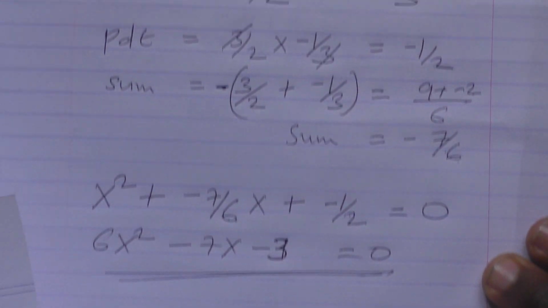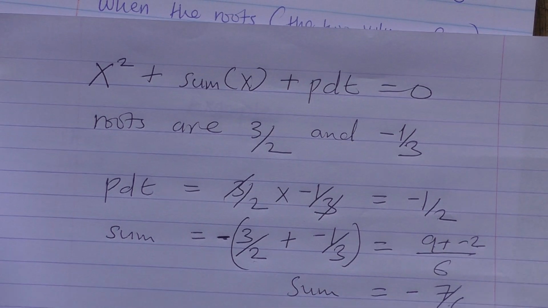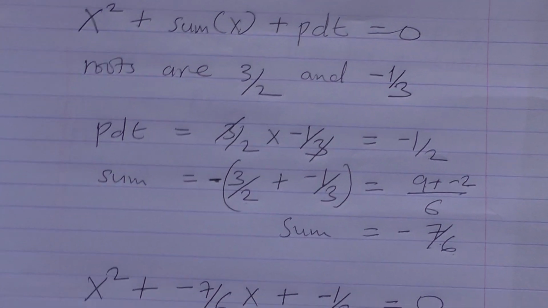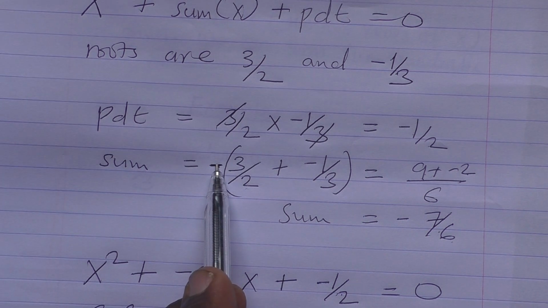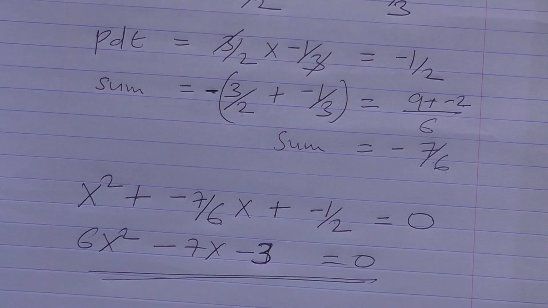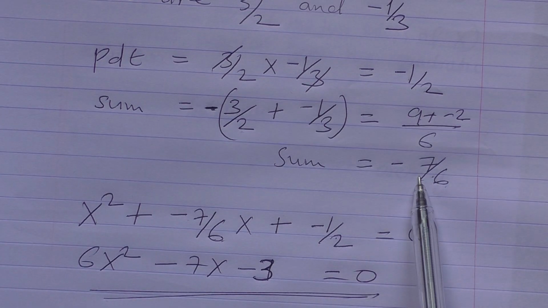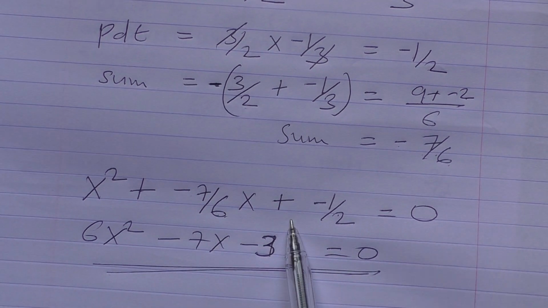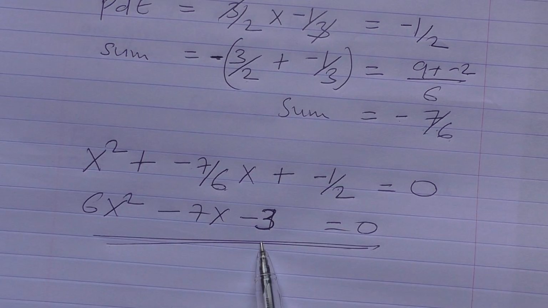This was our first method, but in this first method, don't forget to include a negative on the sum. So after getting the product and the sum with a negative inclusive, we just substitute and simplify to get our quadratic equation.